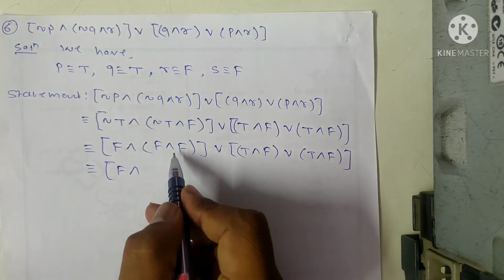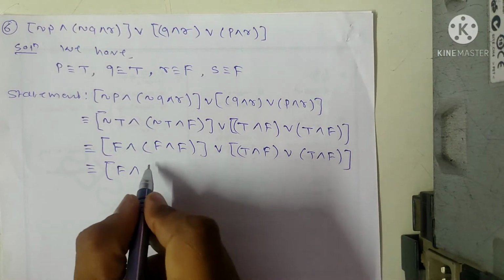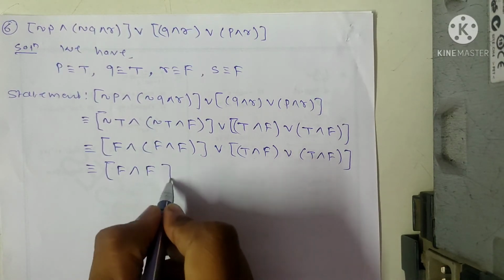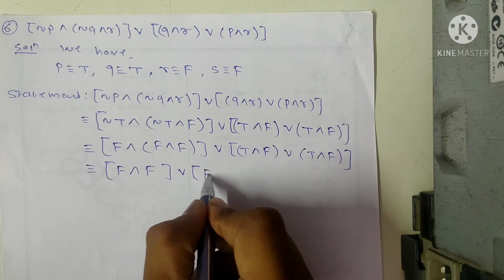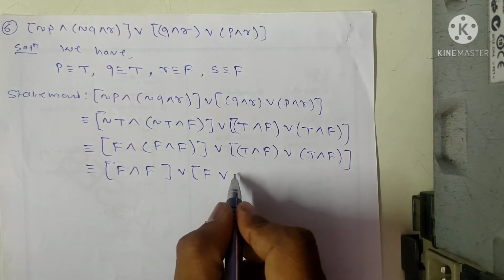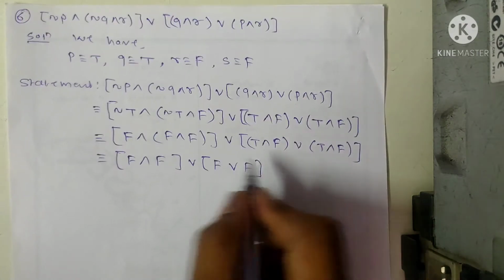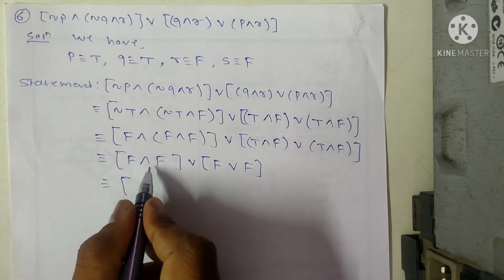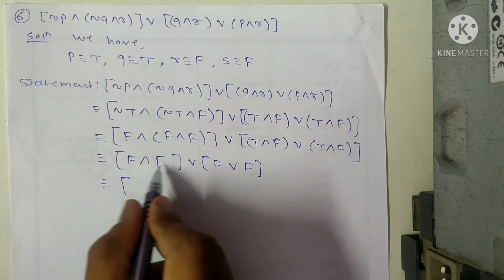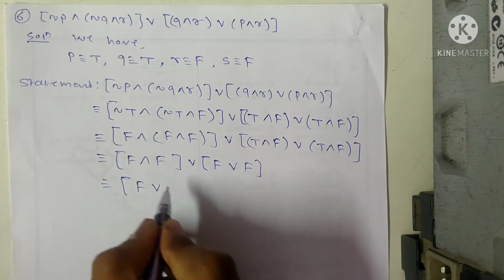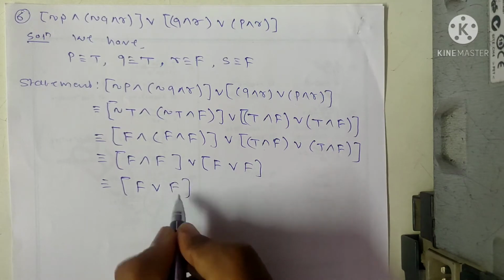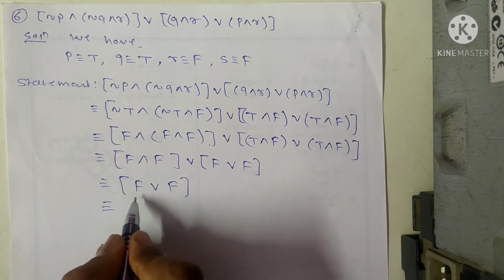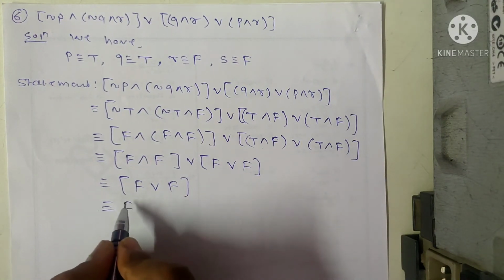Logic of AND is T and T is T, otherwise F. So F, or F, or F. Now F or F is F.